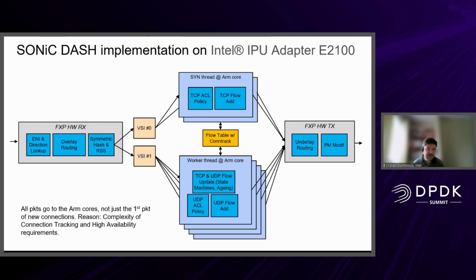And then the hardware pipeline is going to do all the table lookups that it can do, with the exception of the flow lookup, because there is a huge number of flows and the requirements are very complex for what we need to do with those flows. So we do ENI and direction lookup, overlay routing, underlay routing, packet modifications, and also symmetric hashing and RSS.